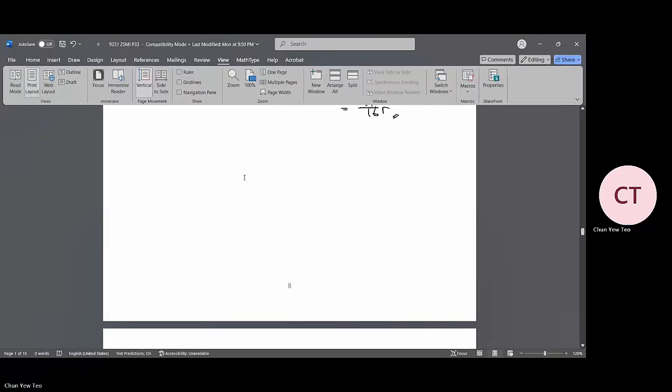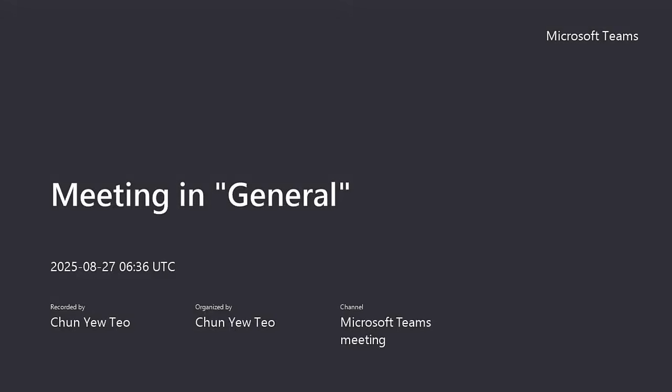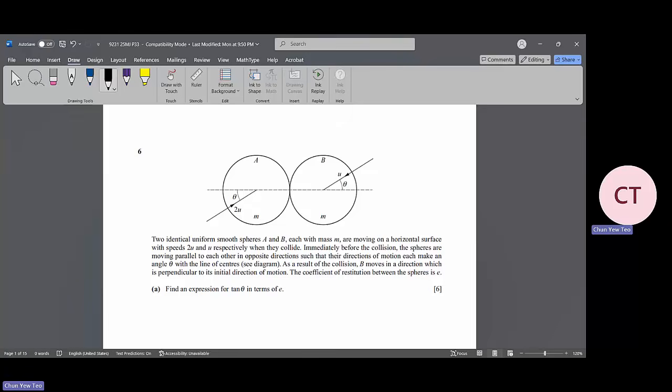Move on. We have question number 6. Two identical uniform smooth spheres A and B, each with mass m, are moving on a horizontal surface with speeds of 2u and u respectively. They collide.